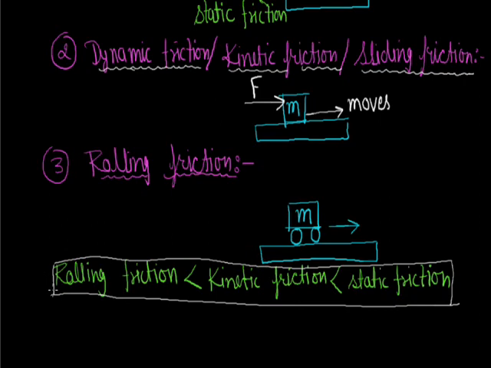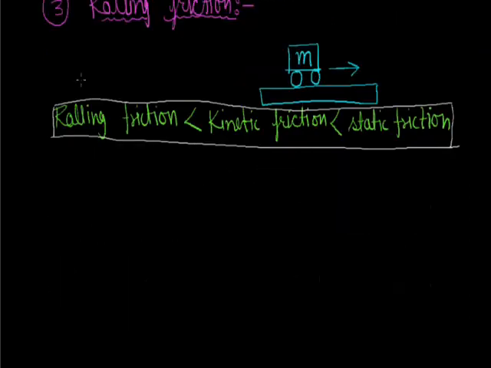Now, some examples of rolling friction. First example, when a car or bus or bicycle etc. moves on road, a part of its wheel and the surface of road gets continuously deformed. Thus, force has to be applied to overcome this deformation and is equivalent to the rolling friction.